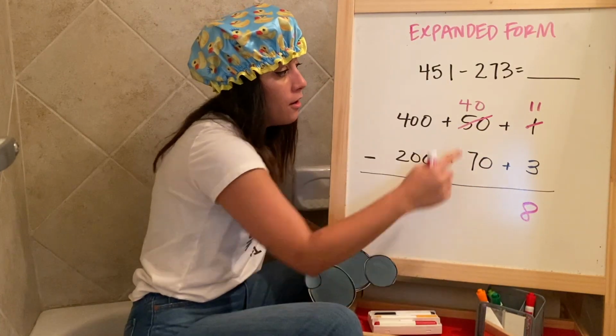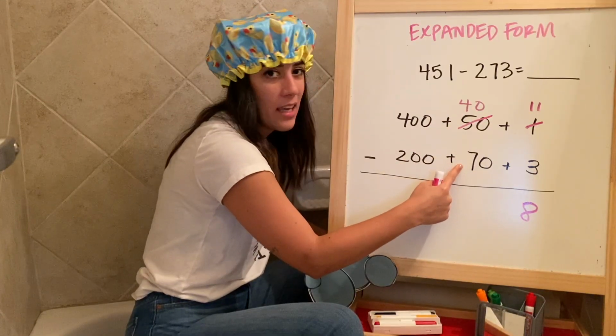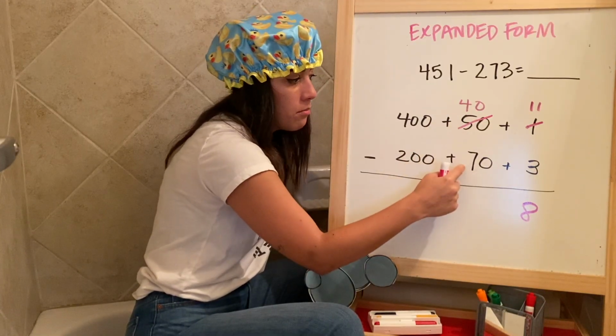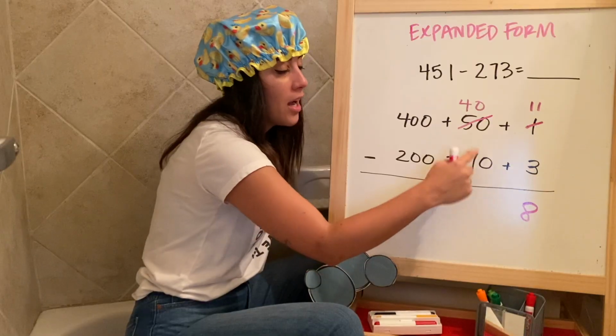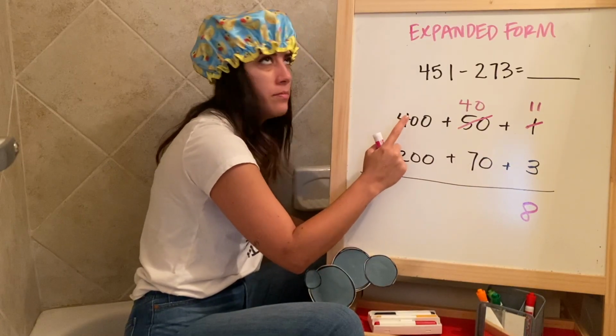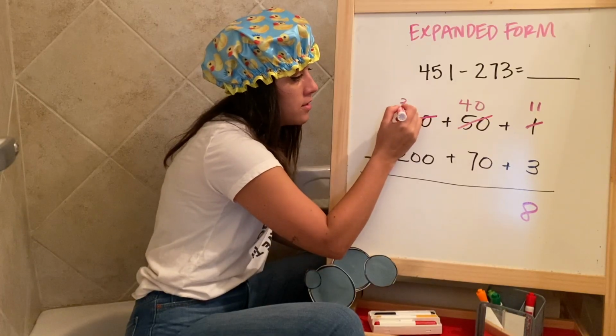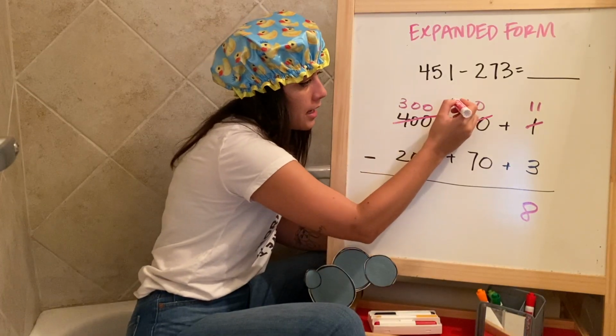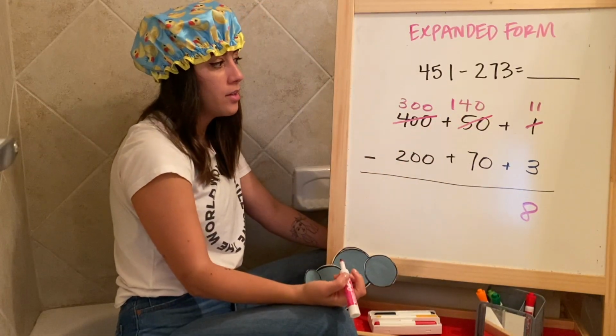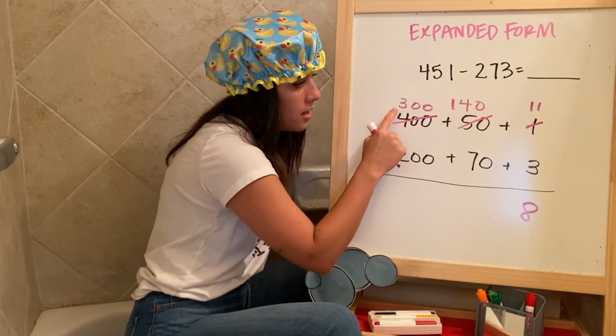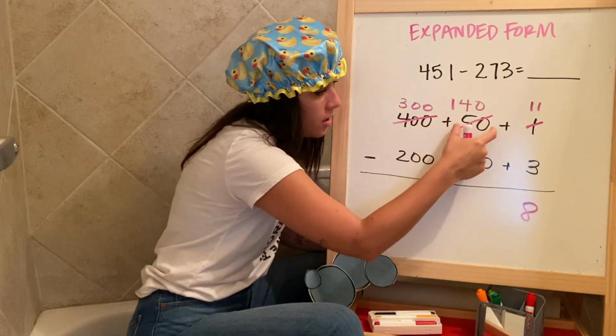Okay. 40 minus 70. I can't do that. This number is too big to subtract from here. I need to borrow from the hundreds place value. 400 turns into 300, and I carry that 100 over. I took 100 and put the 100 over here.